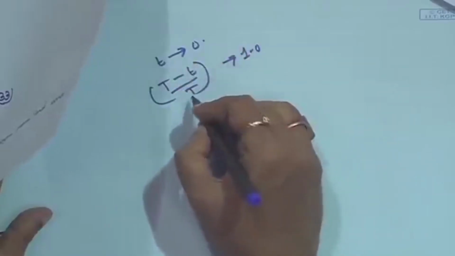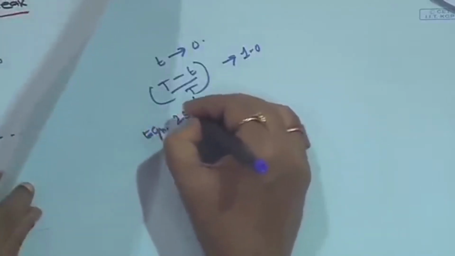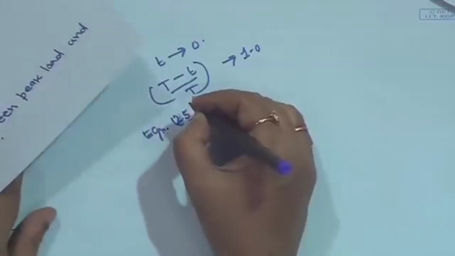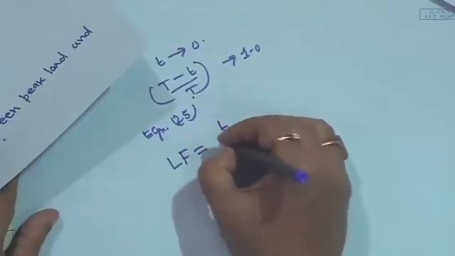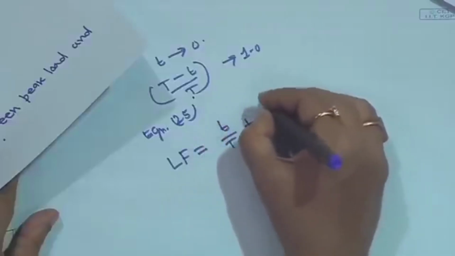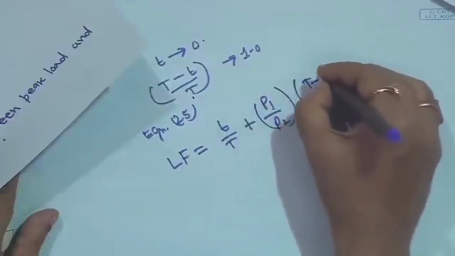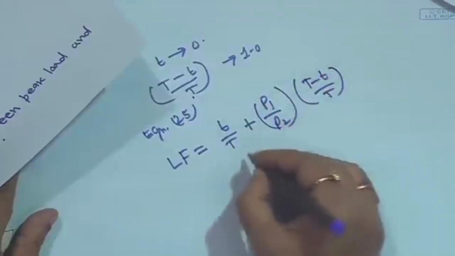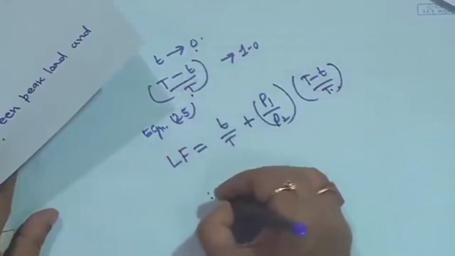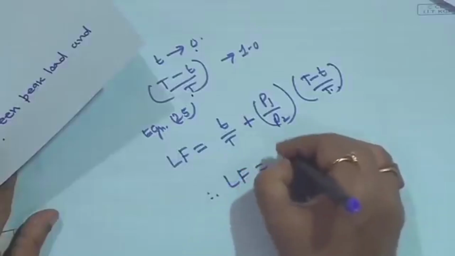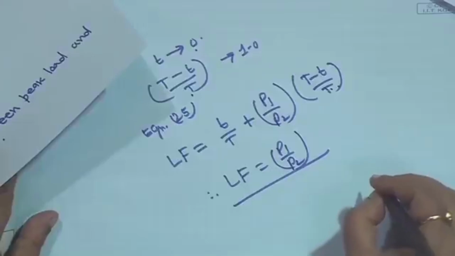Therefore, equation 25: load factor is equal to t by T plus P1 by P2 into (T minus t) by T. As t tends to 0, this term tends to 1 and this is 0, that means LF equals P1 by P2. This is your load factor for this condition.